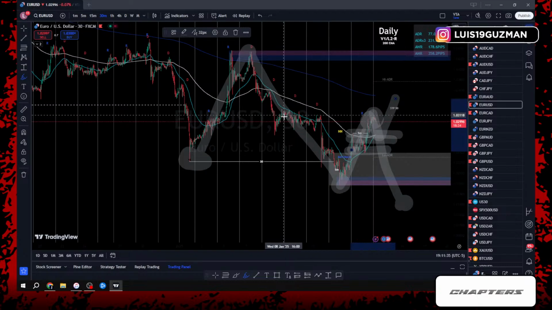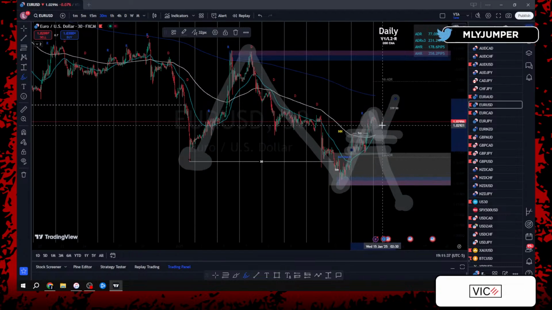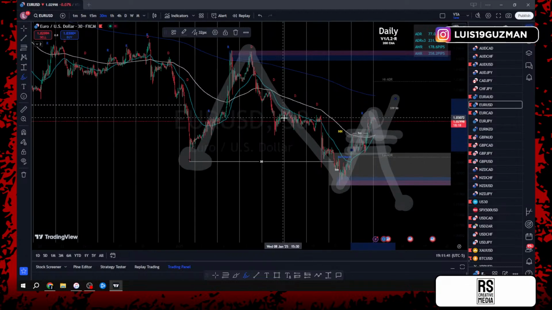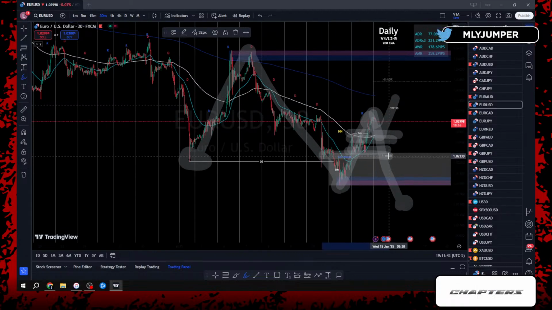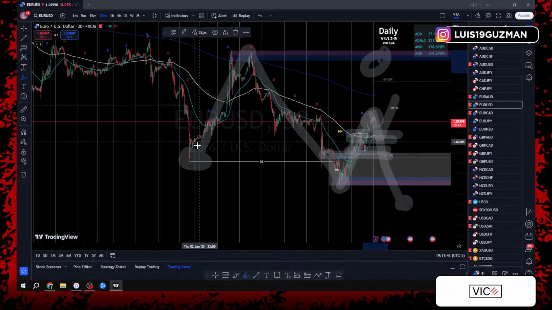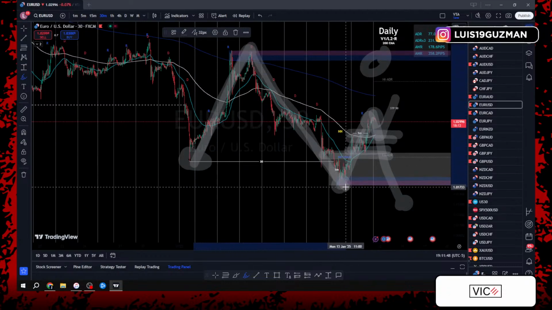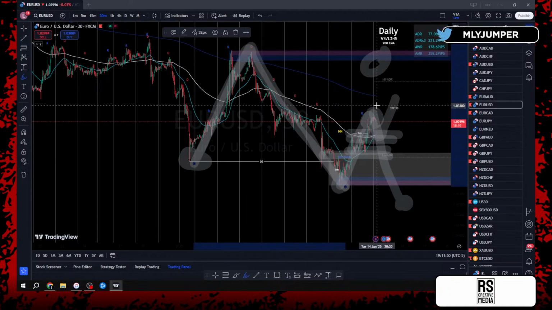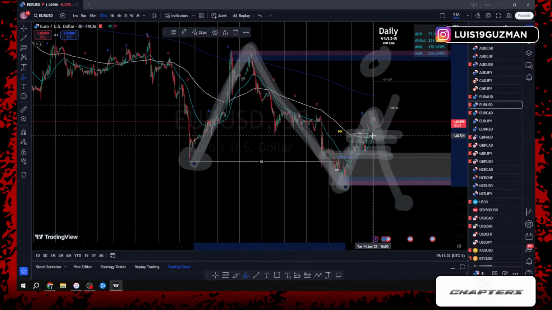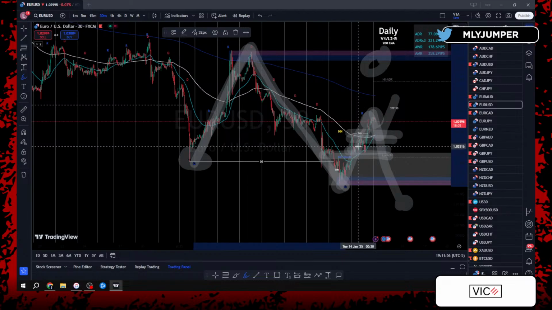Because if you're trading against the trend, you could catch these buys. There's nothing wrong with catching these buys, but it's about being able to visualize that I'm not going to hold these buys all the way up to here, because what is the probability of price going that high? We know that in a trend, in a pullback, price could pull back up to the 23.6, the 38.2, the 50% fib retracement.